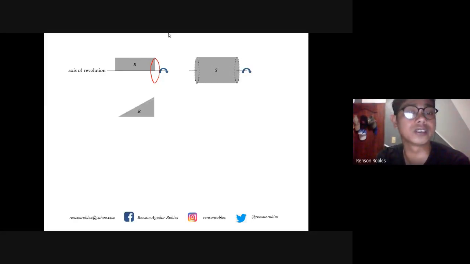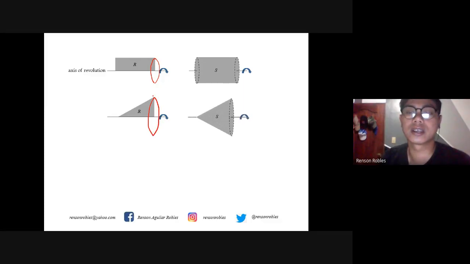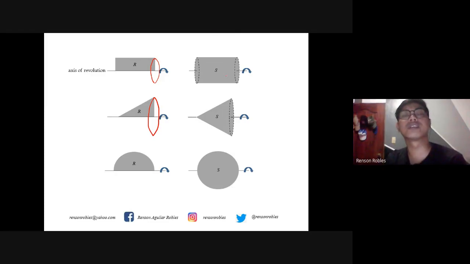When the region is a triangle to be revolved over the axis of revolution, you will generate a cone. And if the region is a semicircle, then you will generate a sphere. So the cylinder, the cone and the sphere are called solids of revolution.